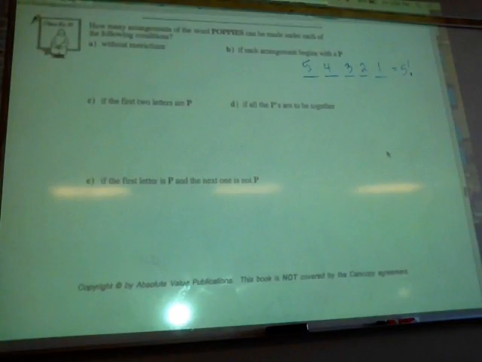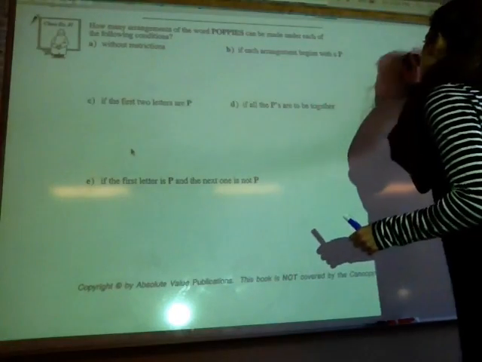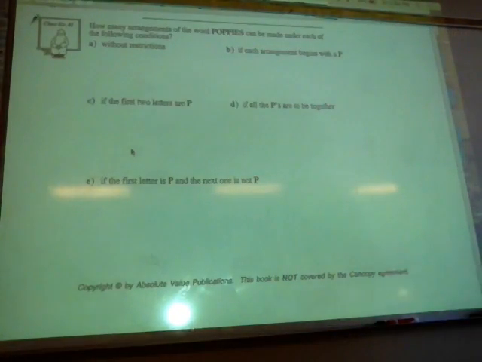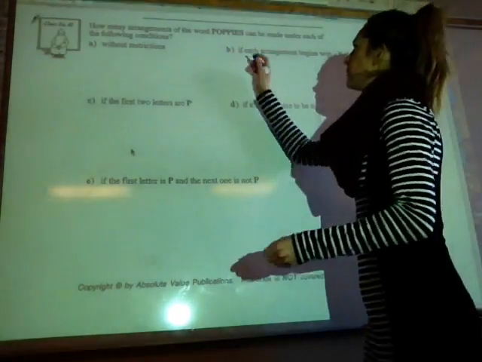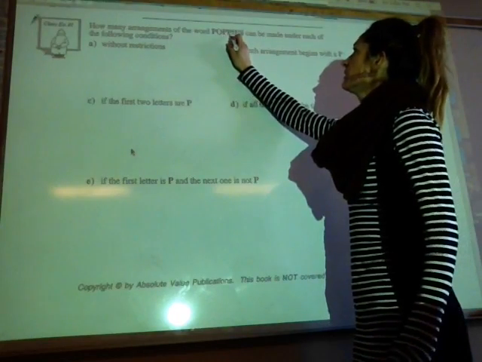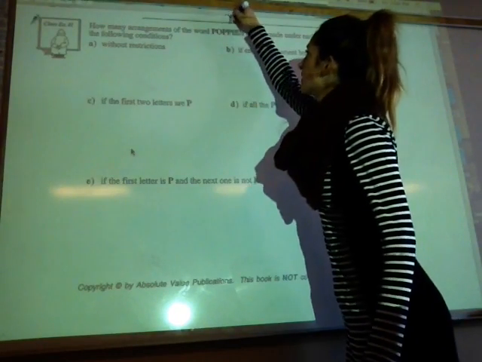Alright, so how many arrangements of the word poppies can be made under each of the following conditions? First one, no restrictions at all. So let's take a look at how many letters we have: 1, 2, 3, 4, 5, 6, 7 letters.